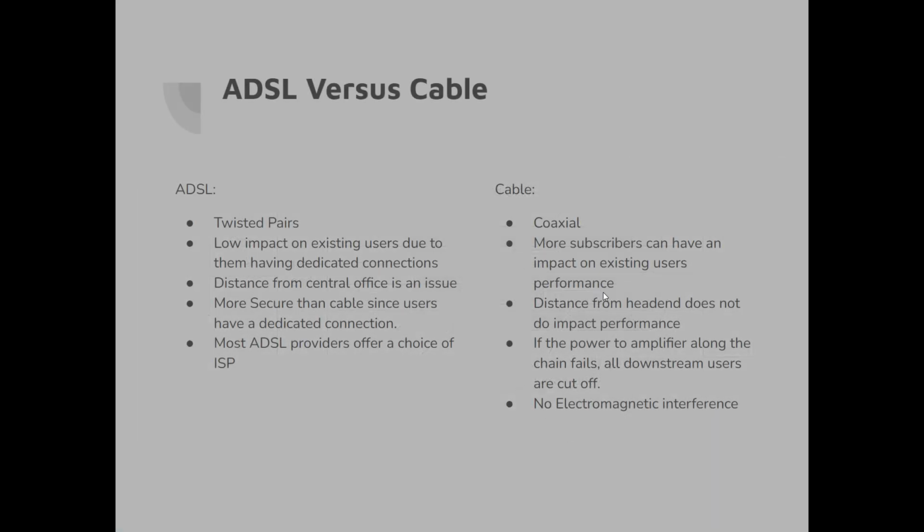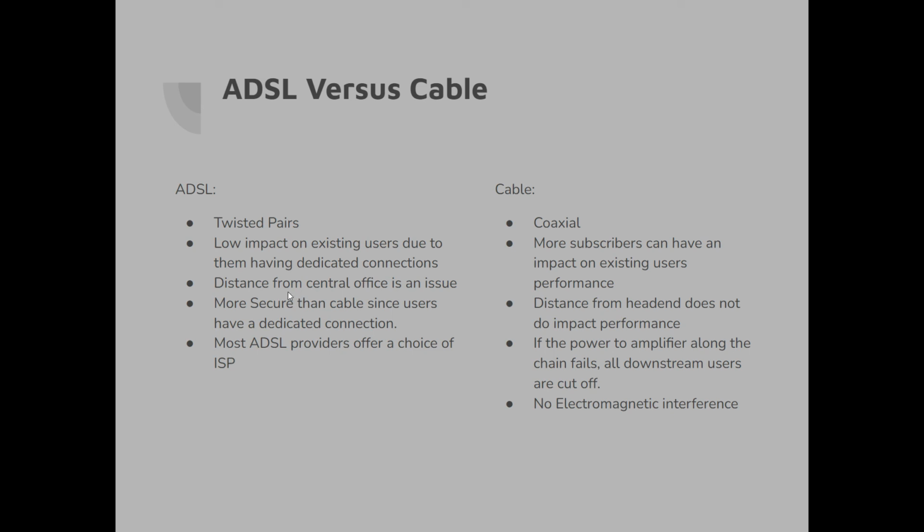So there are some differences between ADSL and cable, but again they're still similar. With ADSL, the type of line that is used to provide the service is twisted cable pairs, and it has its own dedicated connection to each user. For example, in a neighborhood, each one would have their own twisted pair line. In cable, it is just one coaxial cable that is shared, for example, in a neighborhood.